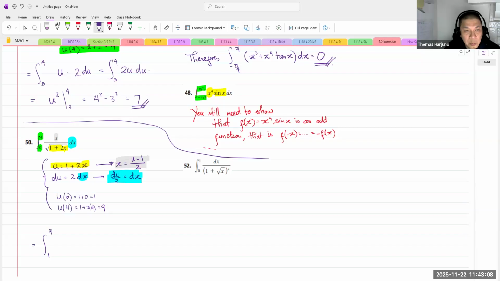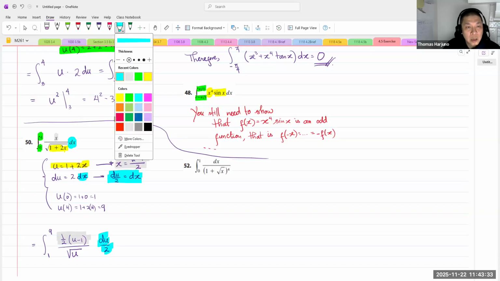The gray part becomes 1/2 times u minus 1, that's the gray part, over square root of u, du over 2. That's the blue part, and this is the yellow part.